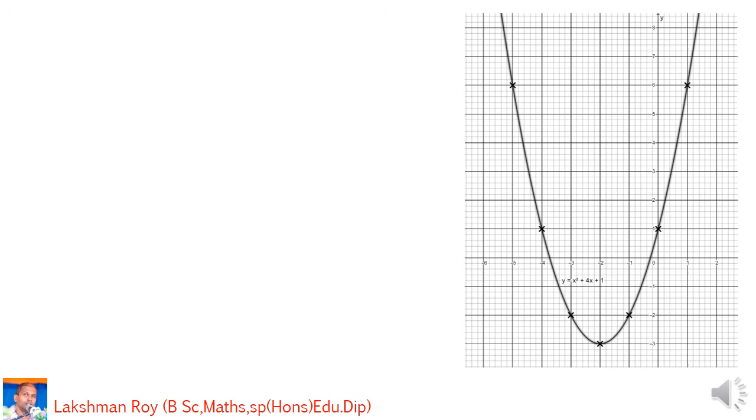Right, students, now let's see how to find the square root of 4 using this graph. What is our function? You can remember the function is y equals x squared plus 4x plus 1. Earlier I explained that to find any square root, you should form this quadratic function into a square and another term.